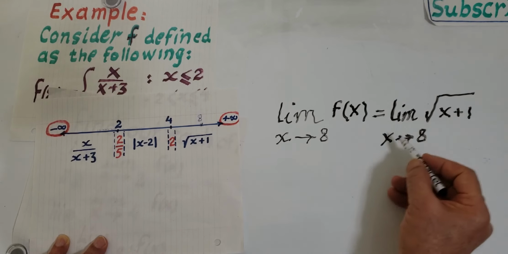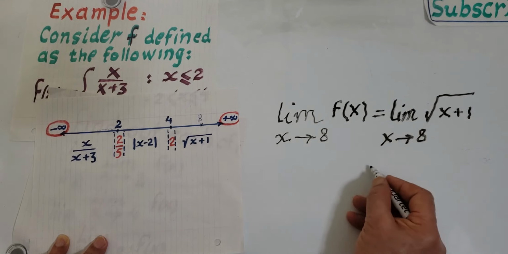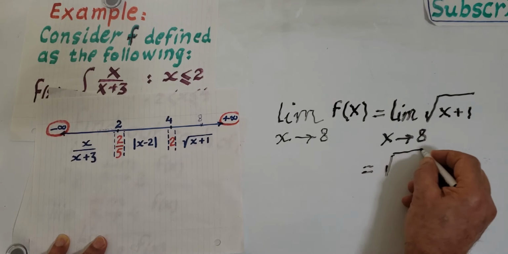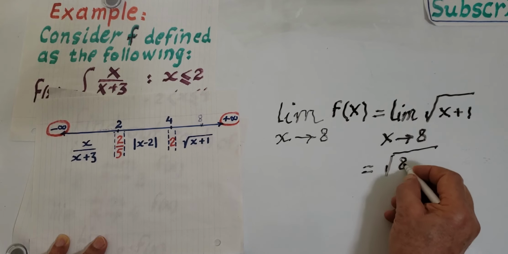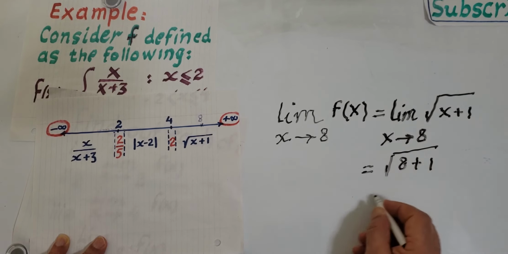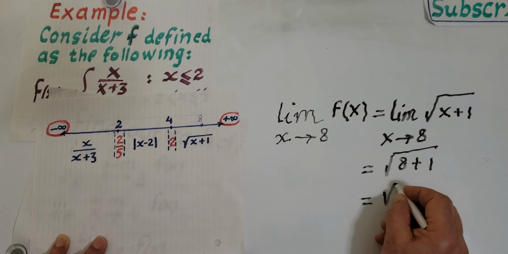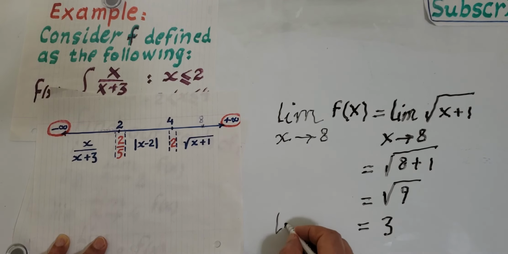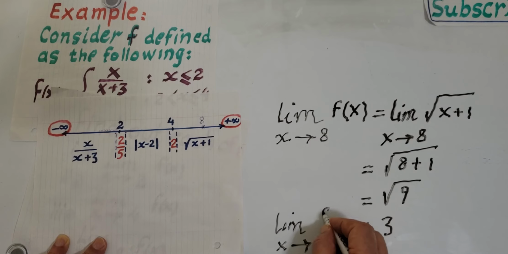This limit can be found by direct substitution for x, which will give me square root of 8 plus 1. That means square root of 9, which is 3. So the limit when x approaches 8 for f of x is equal to 3, and that's it.